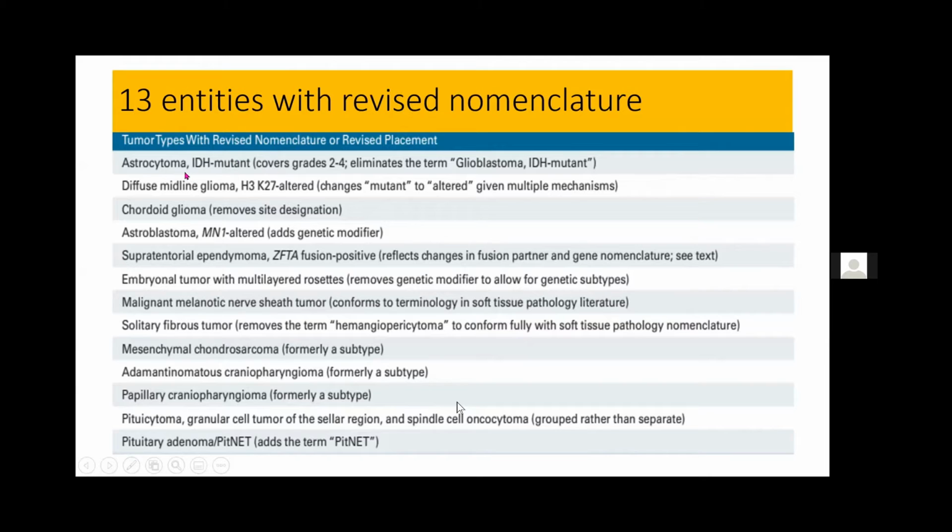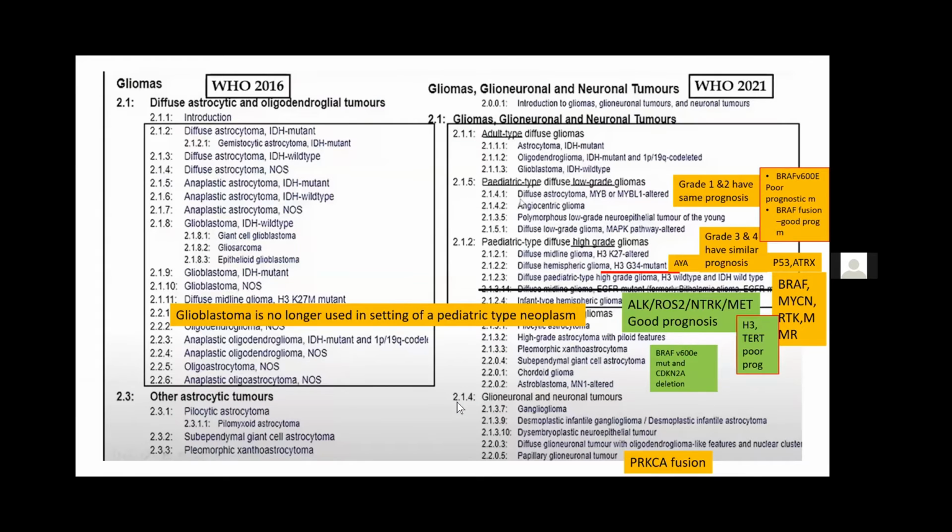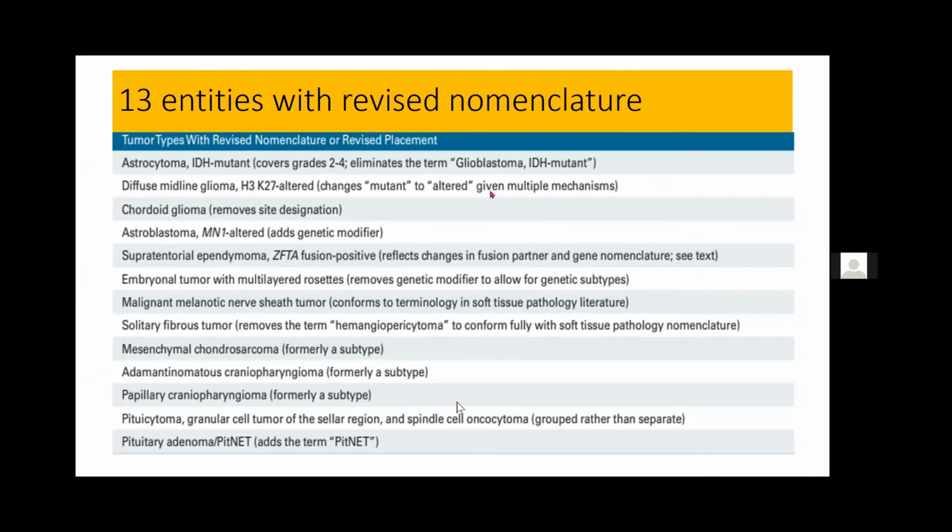For example, in the earlier classification, the grading was type specific, so every entity had its own grade, but in the new WHO 2021, every entity does not have its own grade. Within each entity, the grading differs among the subtypes.